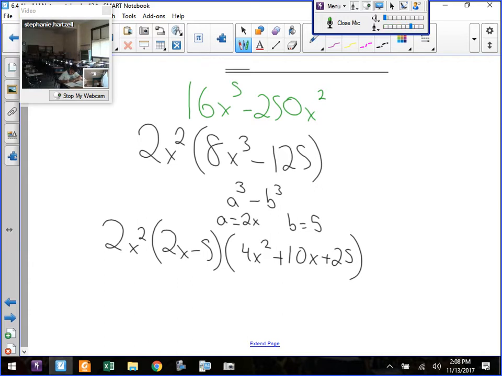One nice little trick that you might pick up on is how the signs work with the x squareds and the sum and the difference. When you have the sum, it was plus between them, so it went plus, minus, plus, and when it was minus, it went minus, plus, plus. So the last one's always plus, the first one's always the same, and then the other one's just the opposite.